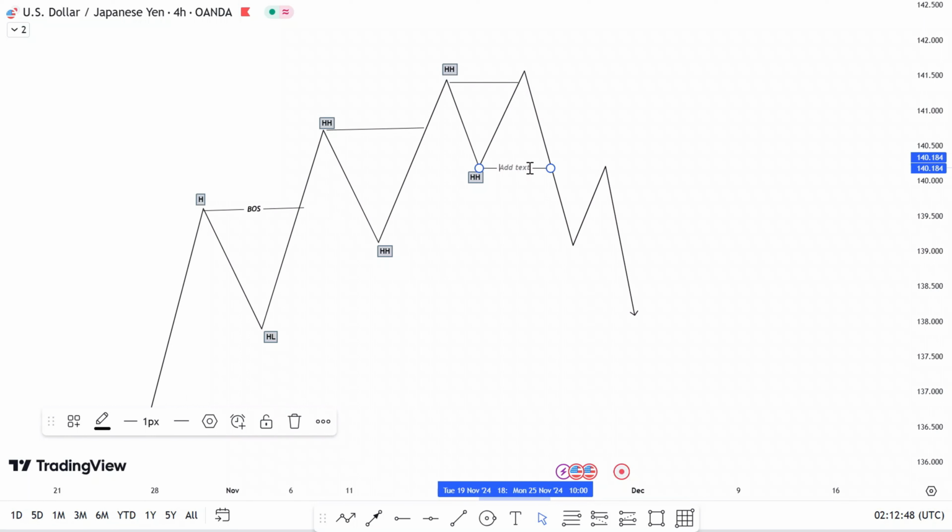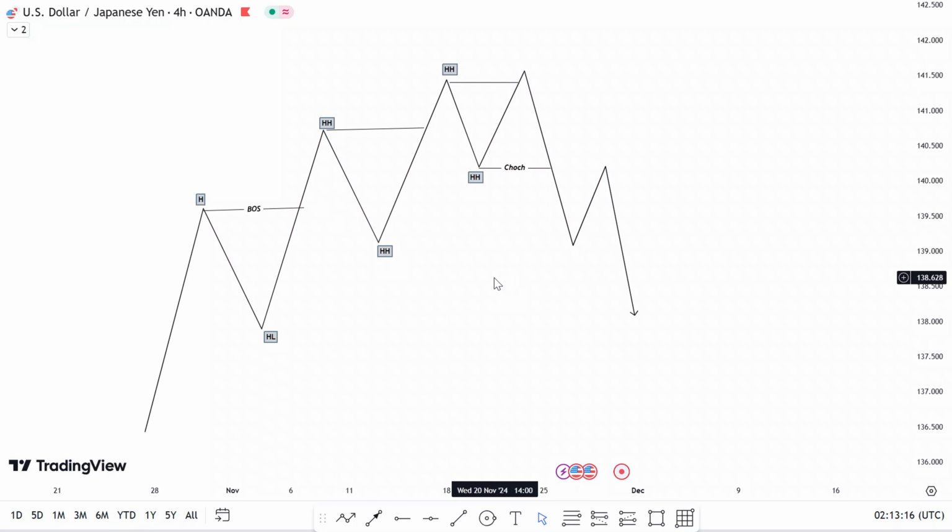The market has to break below this place with a candle body, not a wick. This is known as change of character, or CHoCH. With a candle body, and the next candle has to close below this recent low.